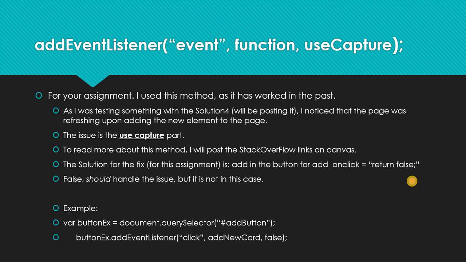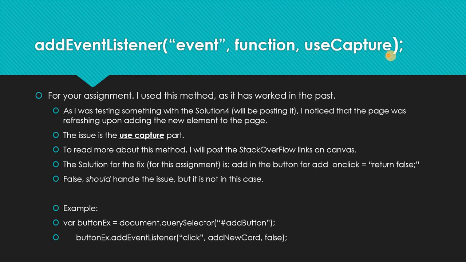So a little bit about the event. Event can be a hover, a click, double click, drag, and so forth. Those sort of events they can program for. The function is the name of the function you want to call without the parentheses at the end.